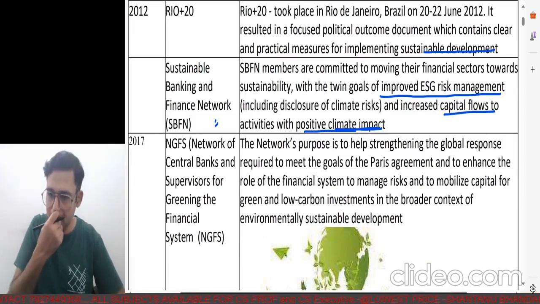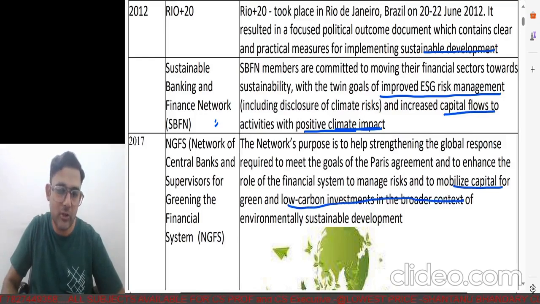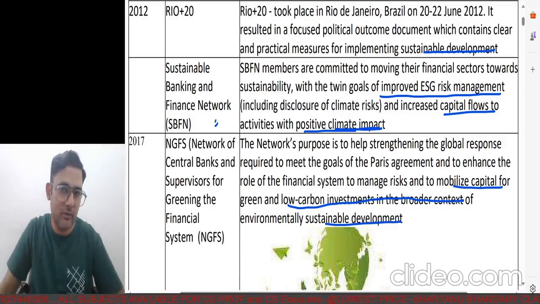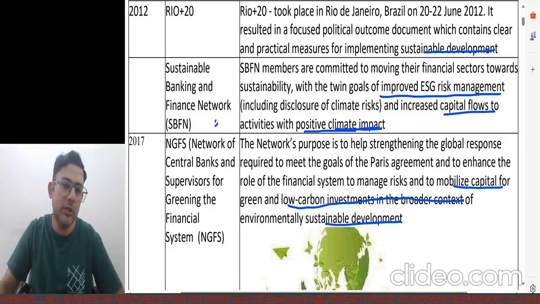This particular agreement was signed to make sure that green capital gets mobilized and low carbon investment happens in the broader context of environmental sustainable development. When we talk about low carbon investment, there are concepts even in India. It's not that popular here, but obviously in the world various countries are being given carbon credits.